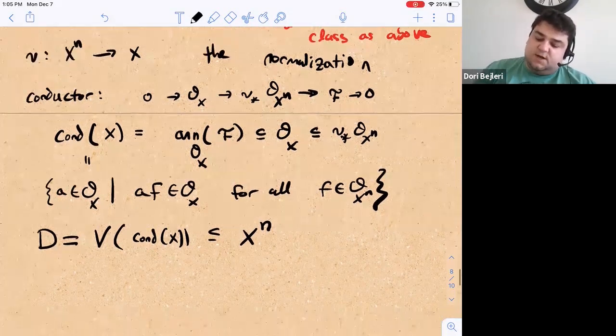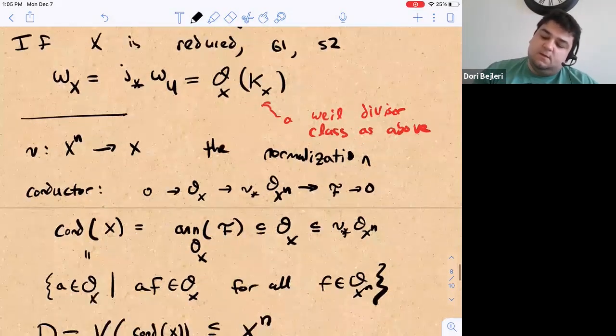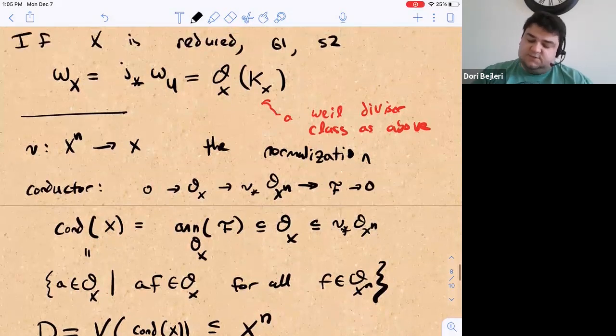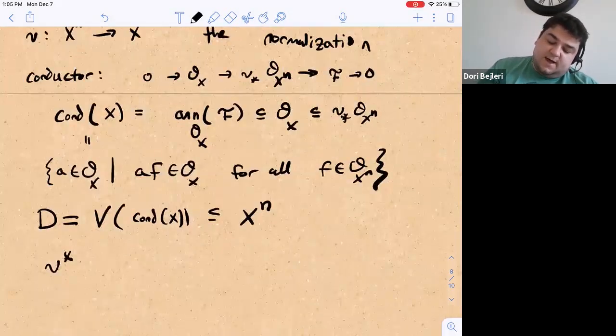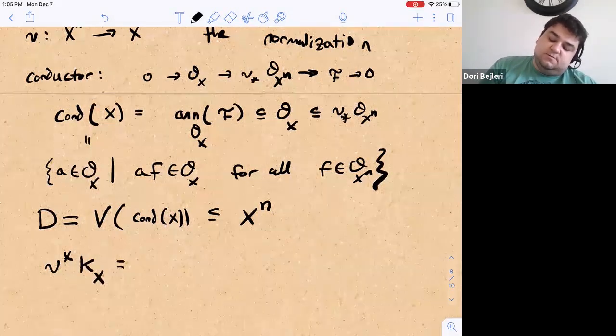And now the upshot is that under these assumptions, the G1 and S2 assumptions on everything, the pullback of the canonical on X is equal to the canonical on XN plus the conductor.